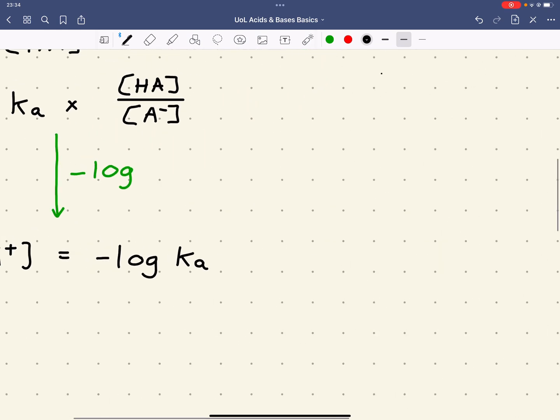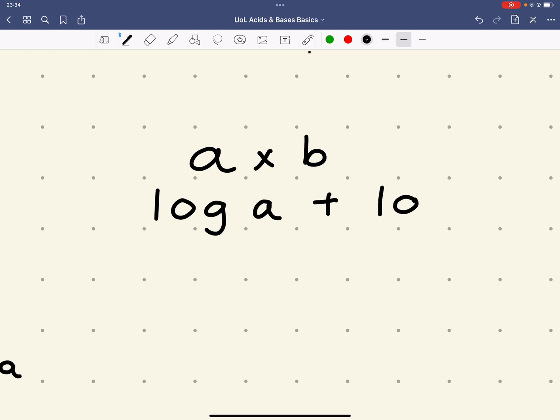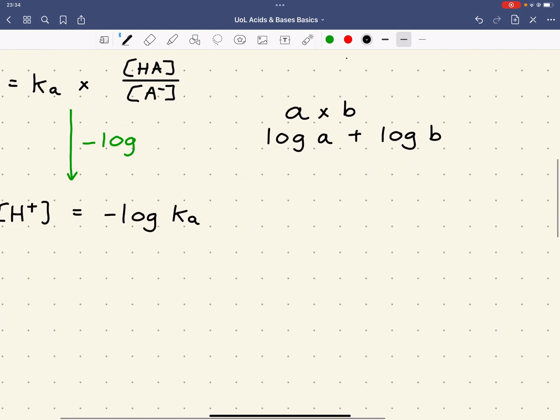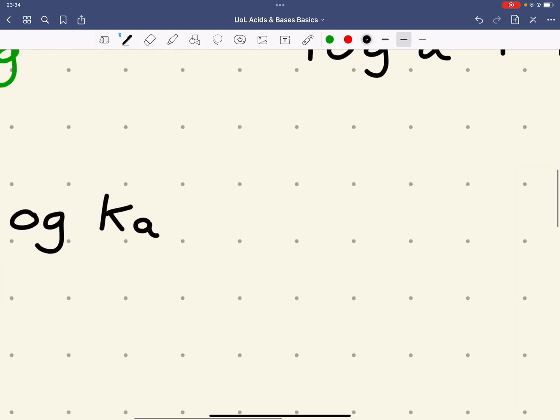And then log rules will dictate, and you should be aware of this, hopefully, that A times B, if I log them, becomes log A plus log B. That's just simple log rules. So in effect, this multiply sign will turn into a plus.